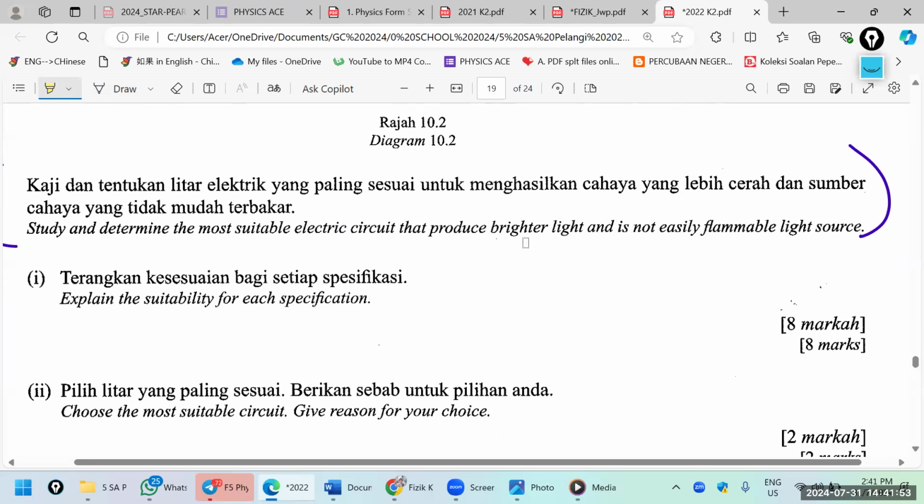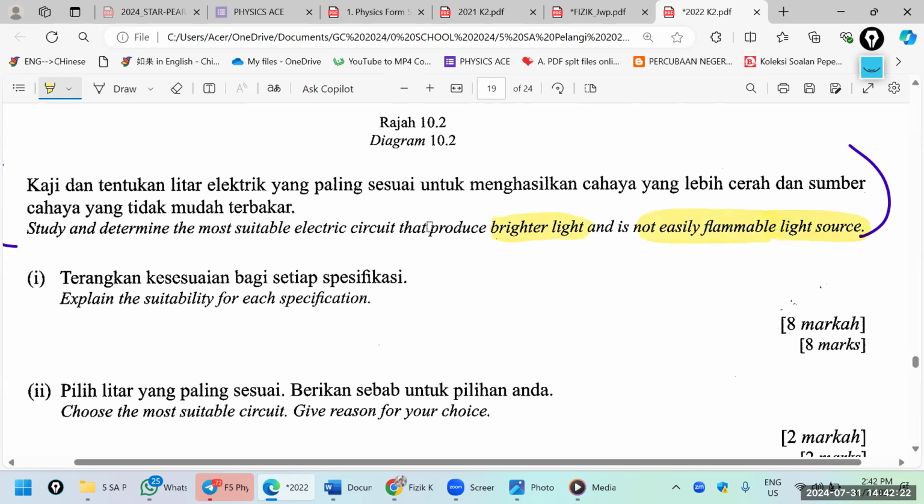Criteria means you cannot use it as a reason. Extend the criteria: brighter light, and then not easily flammable light source.